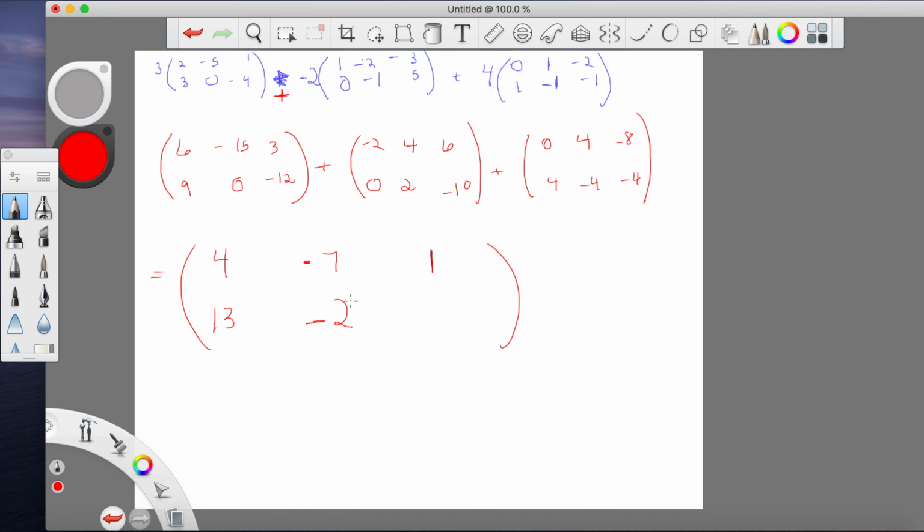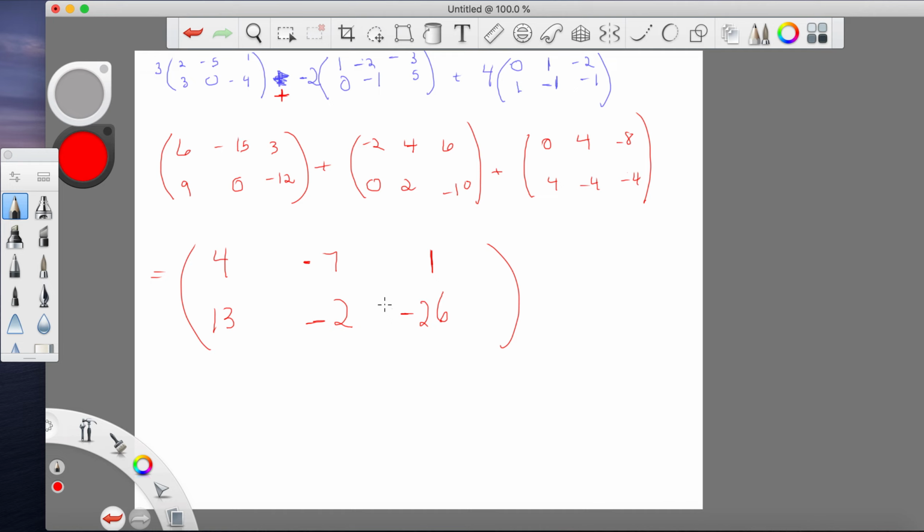And finally, we have 12 and 10 and 4, and they're all negative. So 10 and 12 is 22, and 4 gives us 26, but it's negative. That's our solution.